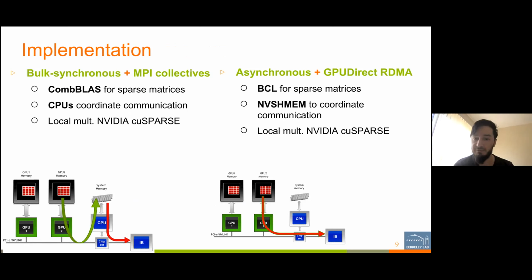In the asynchronous one, we use the Berkeley Container Library. In the bulk-synchronous approach, the CPUs are used to coordinate communication. And in the asynchronous one, we use NVSHMEM to realize the RDMAs. In both, the local multiplications are performed with NVIDIA's cuSPARSE library.